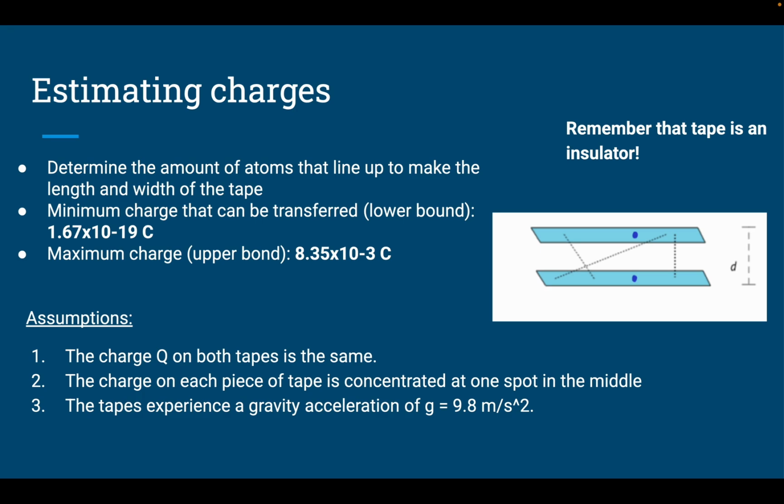The second, that the deficiency, because it lost electrons, charges are concentrated on one part of the center of the tape, as I mentioned in the picture, and that the tape experiences gravity on air, which is 9.8 meters per second squared, since the experiment was performed in a physics classroom, which is on Earth. We determined the charges to then calculate the value for Q, which is the charge.